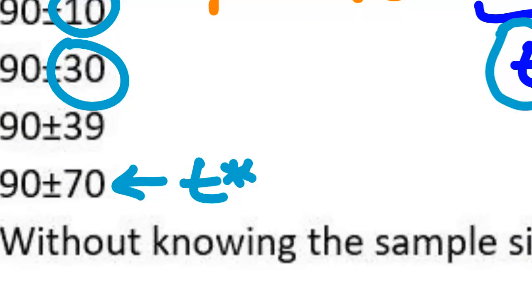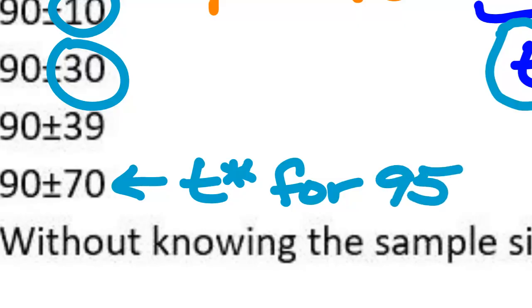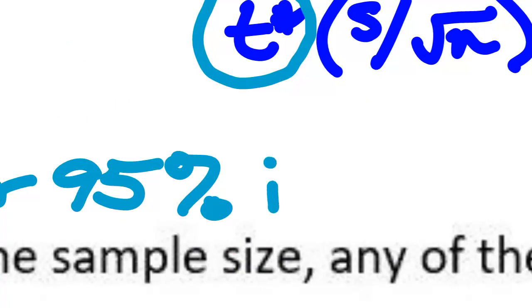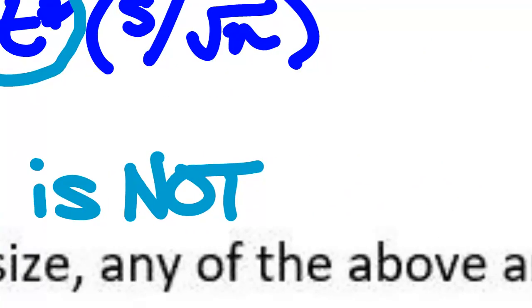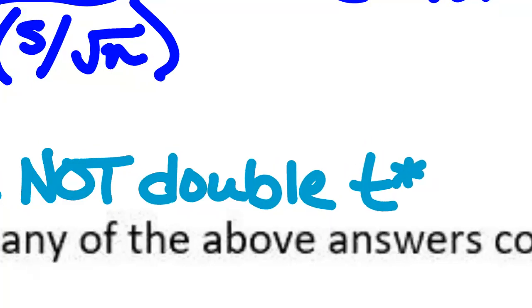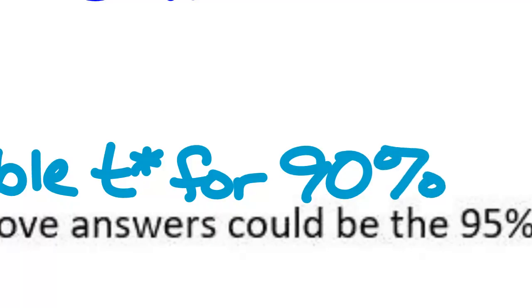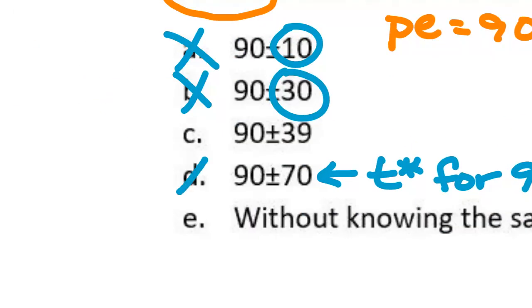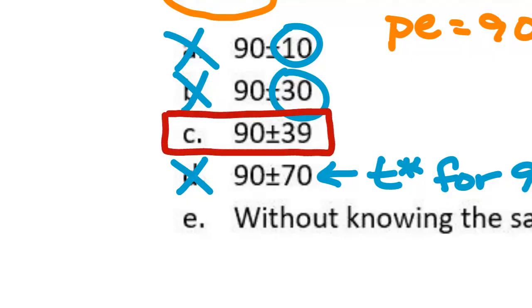T star for 95% is not double the T star for 90%. If I'm seeing a change by more than a factor of 2, then my T star would have to change by more than a factor of 2. So process of elimination has led me to this as a likely outcome. It's bigger, but it is not stupidly bigger.